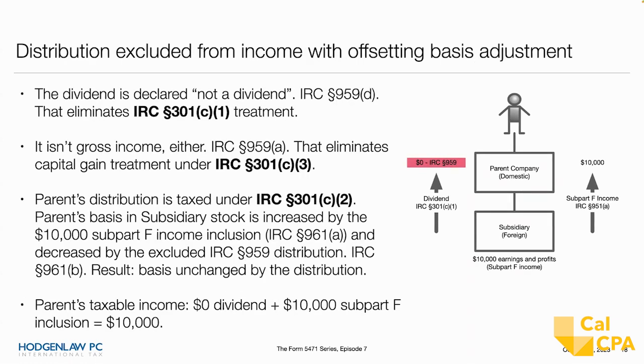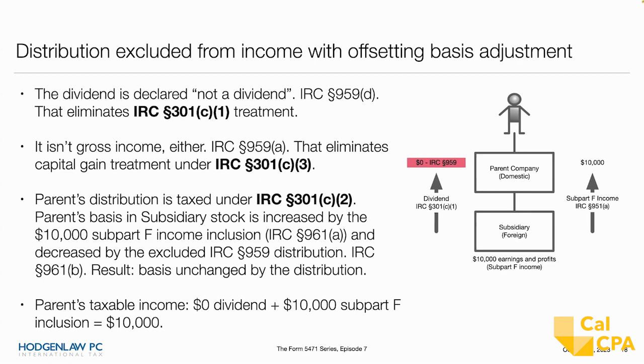And this is what happens, again, one more time. Section 959 says that the $10,000 dividend is excluded from income, which leaves only the subpart F income that goes upstream to the parent company's income tax return. The cash itself does not create taxable income at the subpart F level. So that's the picture, sort of like three different ways: the word cell way, the table way, and the little stick diagrams way.